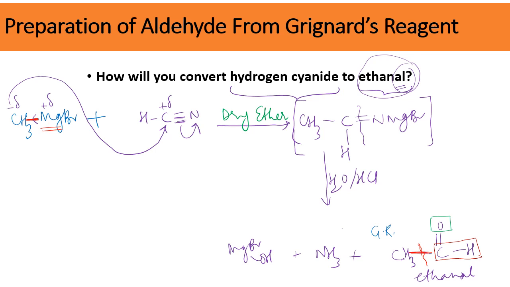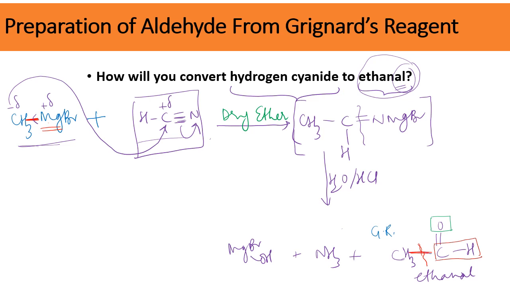In case of aldehyde preparation, this SCN will always be repeated. Only we are going to change the structure of the Grignard when we want to make different aldehydes. So SCN will always be there, and the other thing which is changing is nothing but the Grignard reagent.